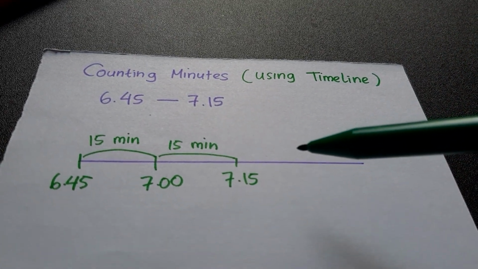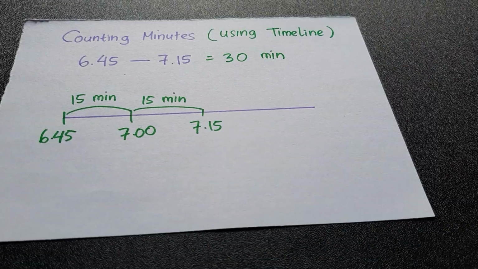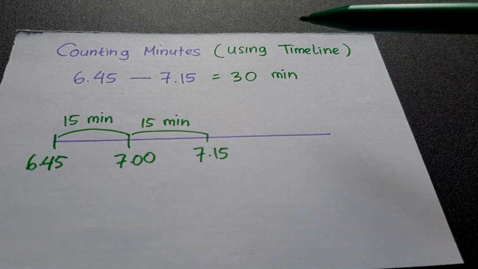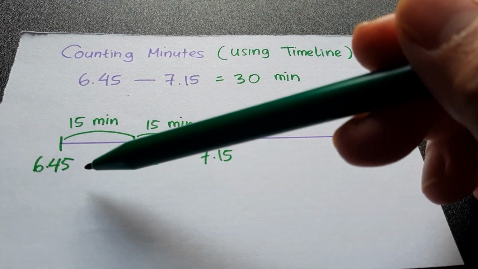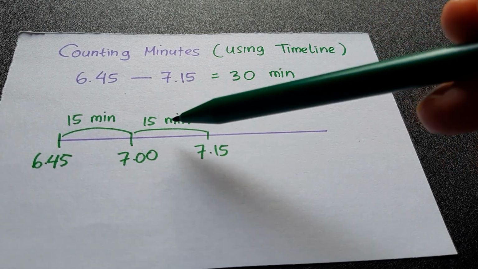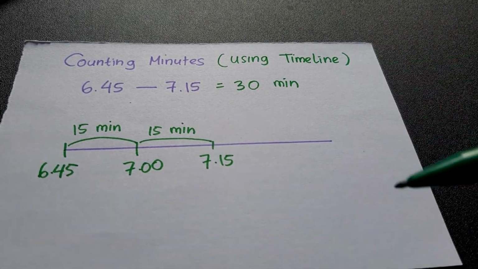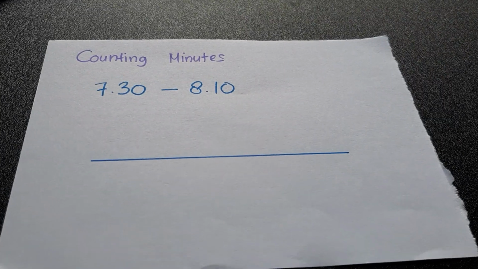Yes, it's 30 minutes. So I'm going to write down 30 minutes over here. Done. So we have 6:45 until 7:15. We got 15 minutes plus 15 minutes, and the answer is 30 minutes. Let's go to the next question.